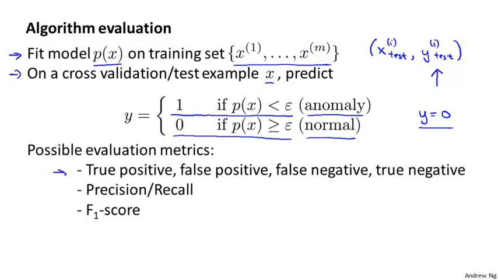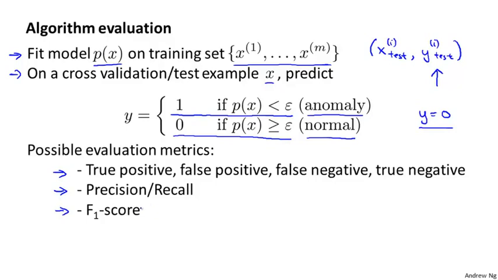Instead, we should use evaluation metrics like computing the fraction of true positives, false positives, false negatives, and true negatives, or compute the precision and recall of this algorithm, or compute the F1 score, which is a single real number way of summarizing the precision and recall numbers. And so these would be ways to evaluate an anomaly detection algorithm on your cross-validation set or on your test set.